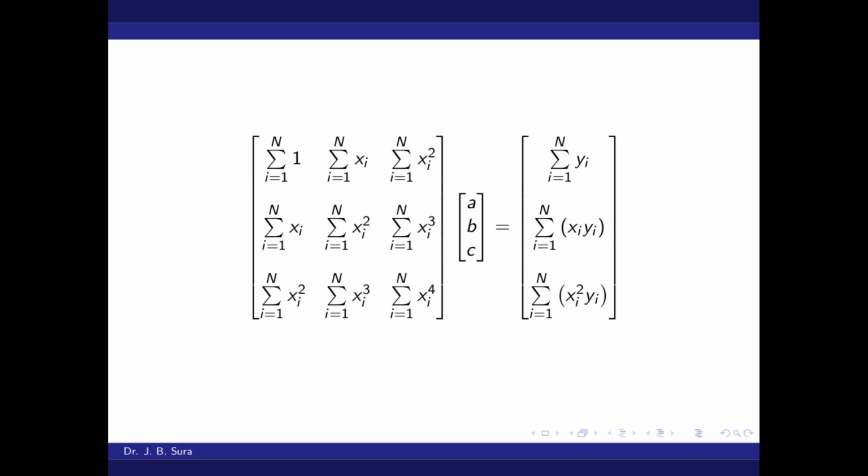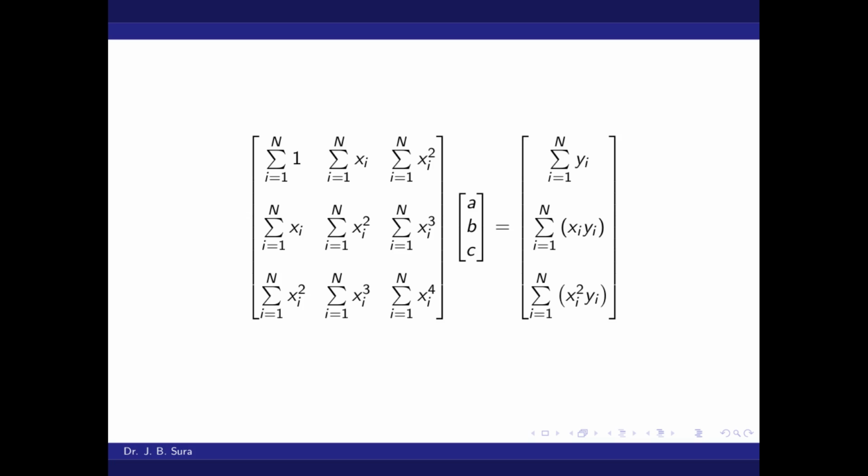Now if I rearrange all three equations in terms of matrix formation, like a system of linear equations, we have this matrix which is there on the screen. If you observe, the first row of the leftmost matrix is sigma 1, sigma x, sigma x square.